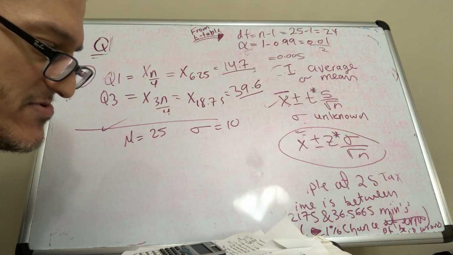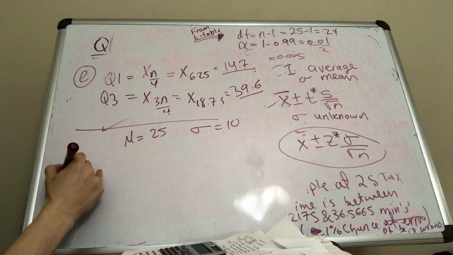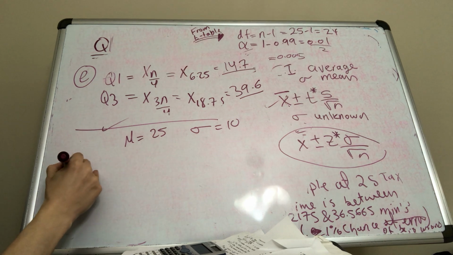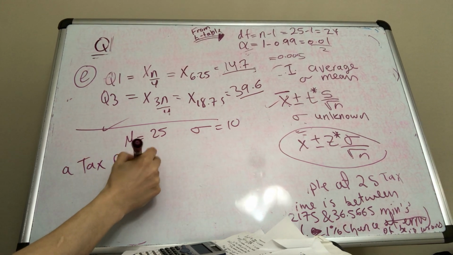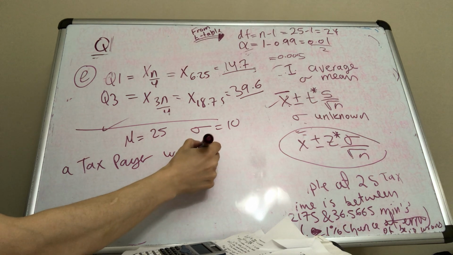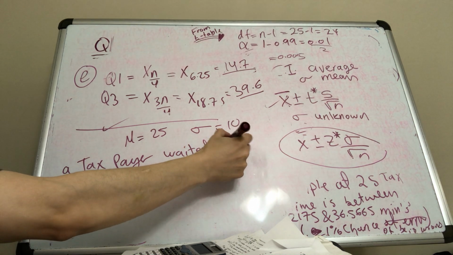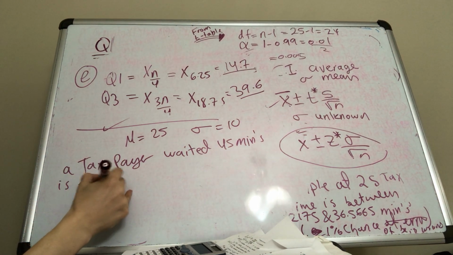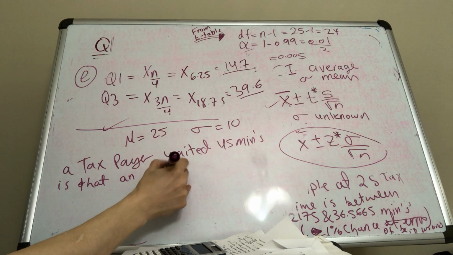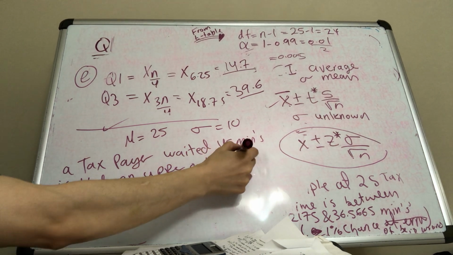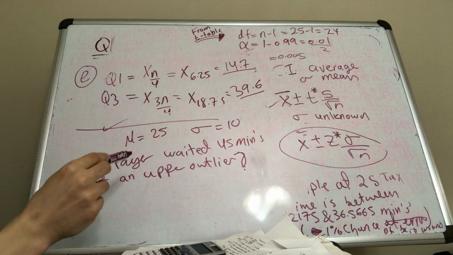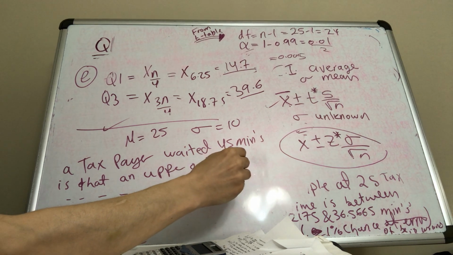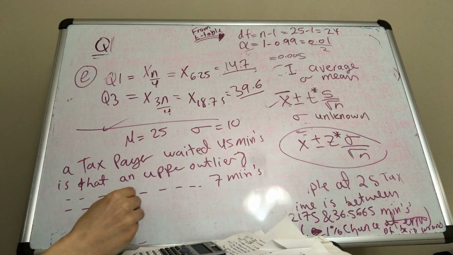Let's assume that, for example, for the same question, they ask you: a taxpayer waited 45 minutes, is that an upper outlier? Or a taxpayer waited 7 minutes, is that a lower outlier?